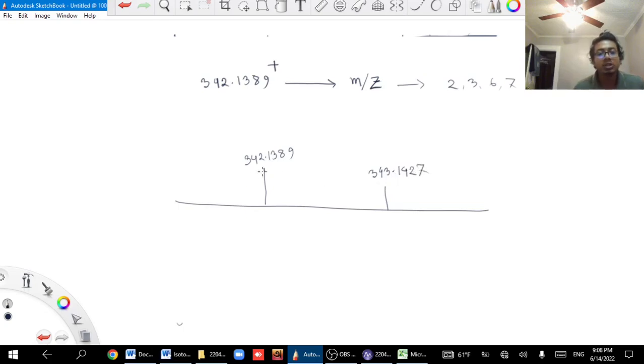And if you just subtract that 343.1427 from that 342.1389, you will find the difference is 1.0037 here. And what exactly I did to find this is the carbon peak or something like that. This is the difference between those two peaks, right?